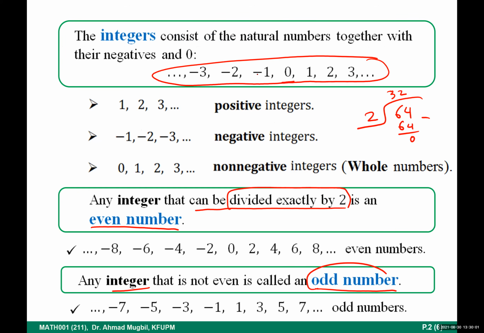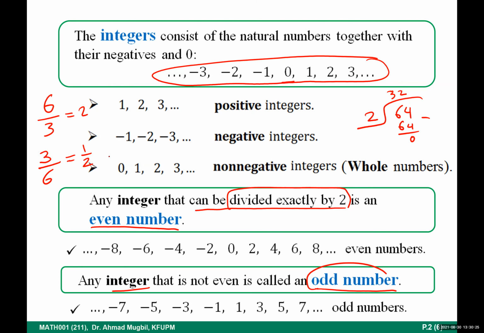The product and the sum and the difference between any 2 integers is also an integer. But what about the division? When we divide 6 over 3, what is 6 over 3? So integer over integer, it is an integer here. It's okay. But what about 3 over 6?